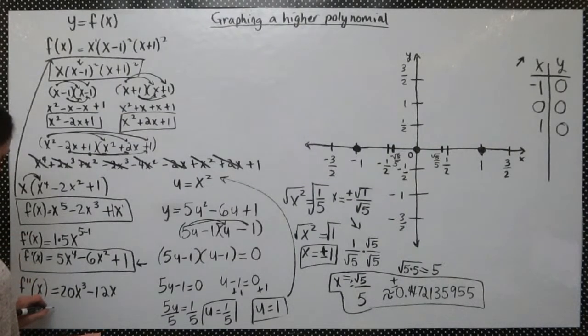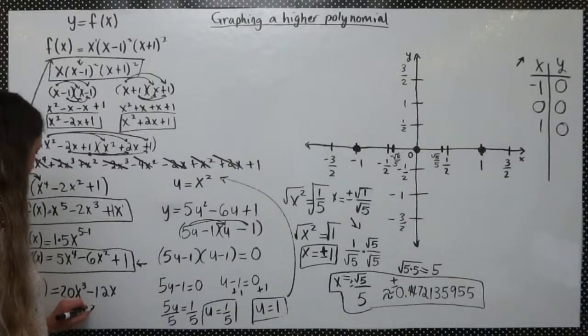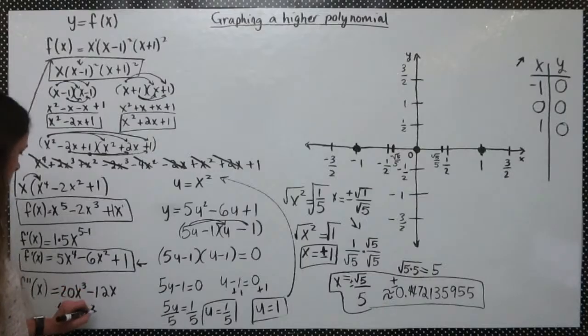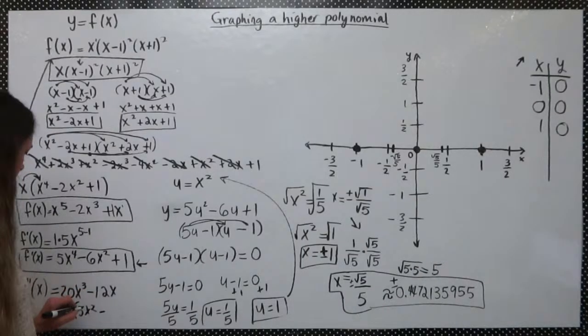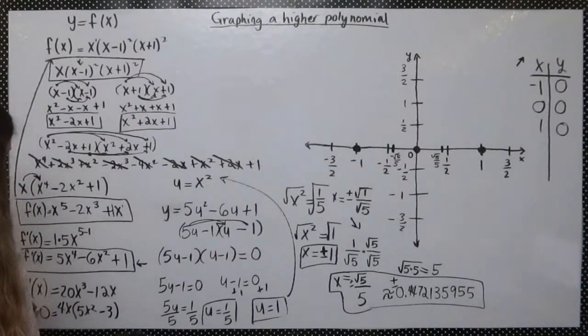All right, so we're going to go ahead and just factor out an x. So, oh, wait. We're going to factor out, let's see, a 4x. And then that's going to give me 5x squared minus 3. All right. Set that second derivative equal to 0.